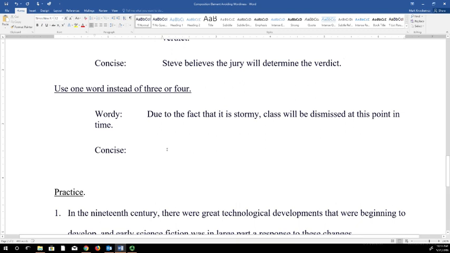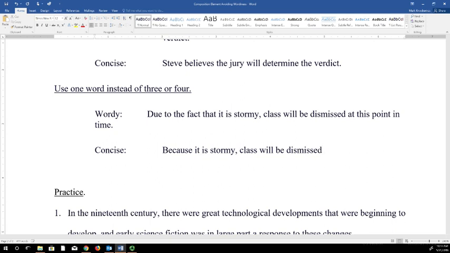Up next, anytime that you can use one word instead of 3 or 4, do it. For example, due to the fact that it is stormy, class will be dismissed at this point in time. There's one word that we could use instead of due to the fact that. Can anybody think of it? Because it is stormy, class will be dismissed.